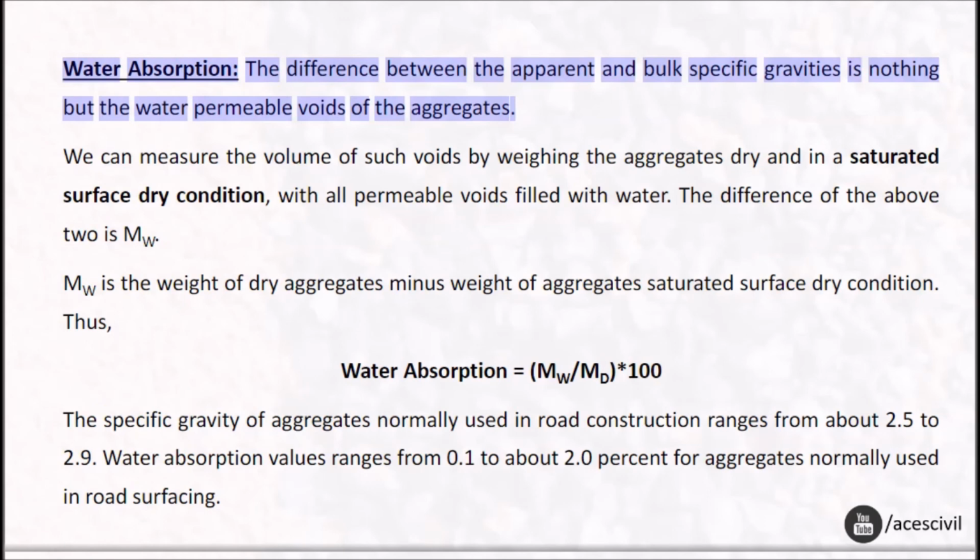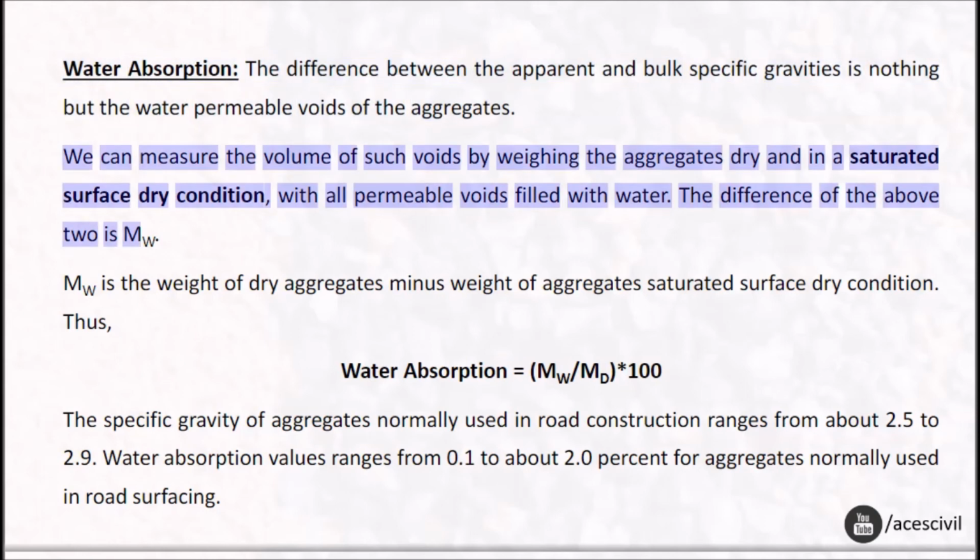Water absorption, the difference between the apparent and bulk specific gravities, is nothing but the water-permeable voids of the aggregates. We can measure the volume of such voids by weighing the aggregates dry and in a saturated surface dry condition, with all permeable voids filled with water.